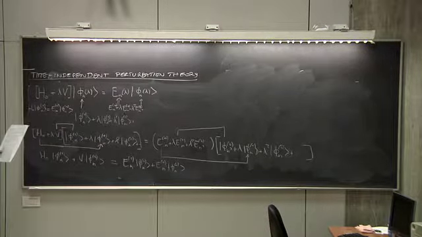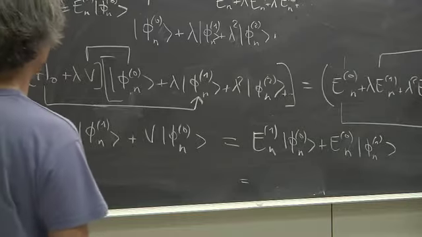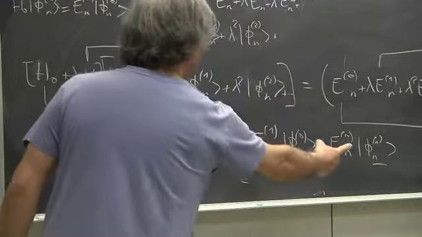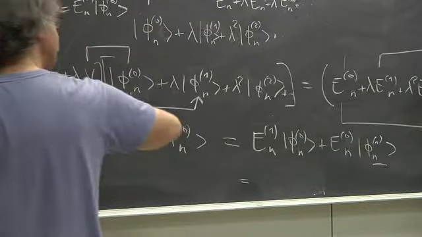Now, let me rewrite this in a better way. You see that there is φ1 here and here. Okay? So let me bring the φ1 to the left and the φ0 to the right.